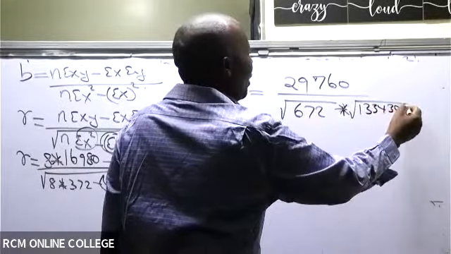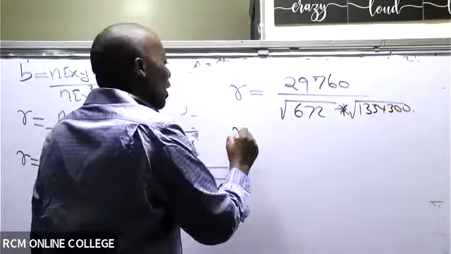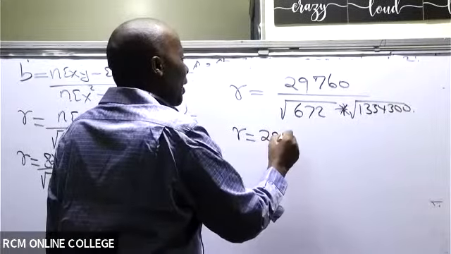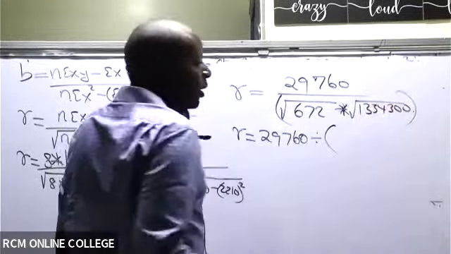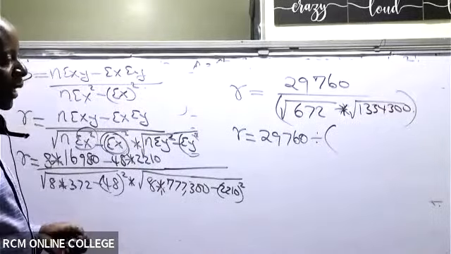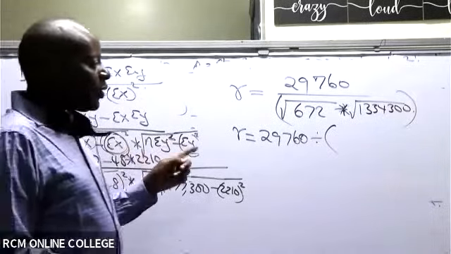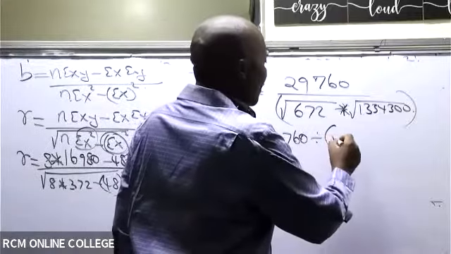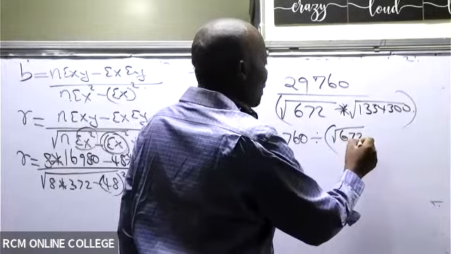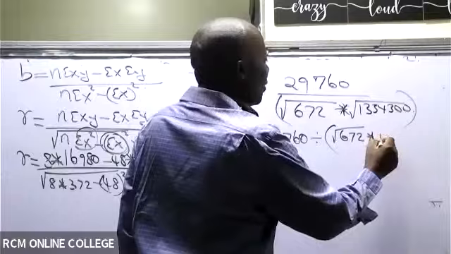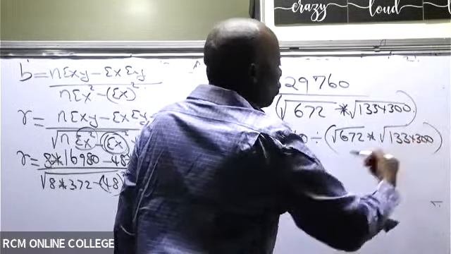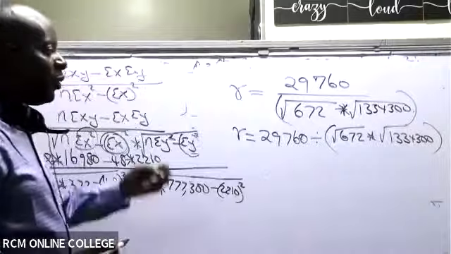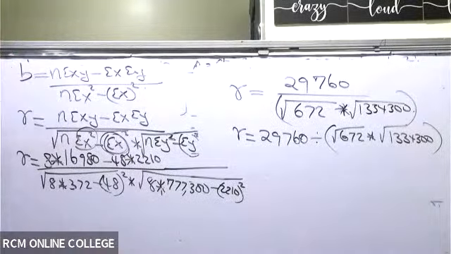So in your calculator, to get this R, you say 29,760 divided by, you open a bracket here to take care of it, because there are two terms. You must always open brackets. So you say square root of 672 times square root of 1,334,300, and then you close the bracket and press equals.